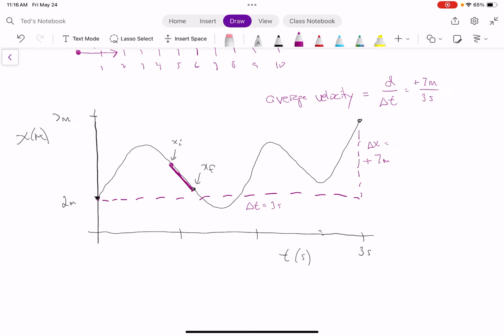And that would be pretty close to my velocity at this point. But to get a better estimate of my velocity at this point, we should pick 2 points that are closer together.